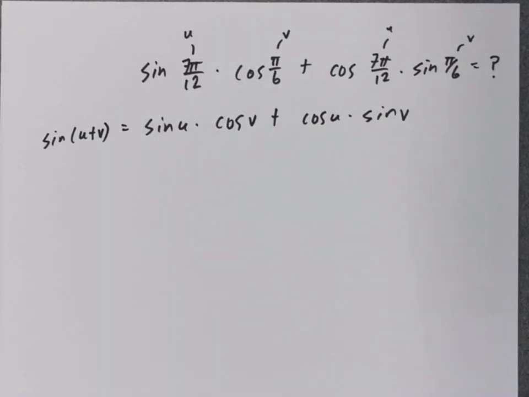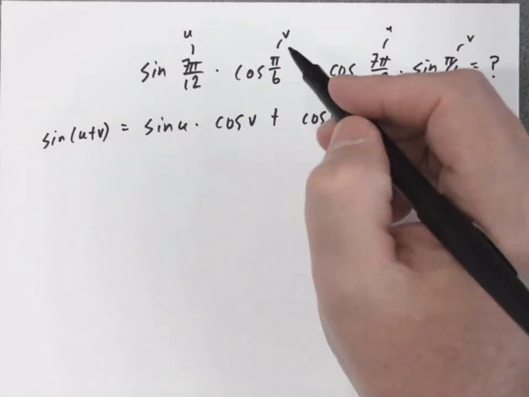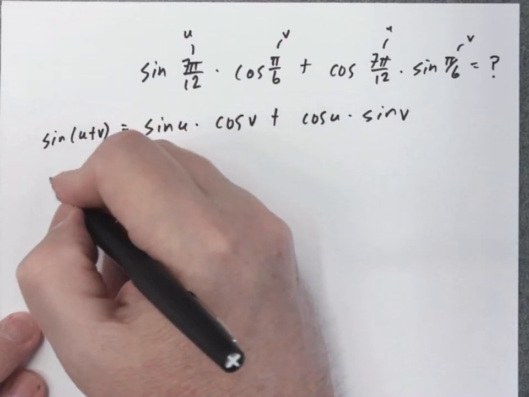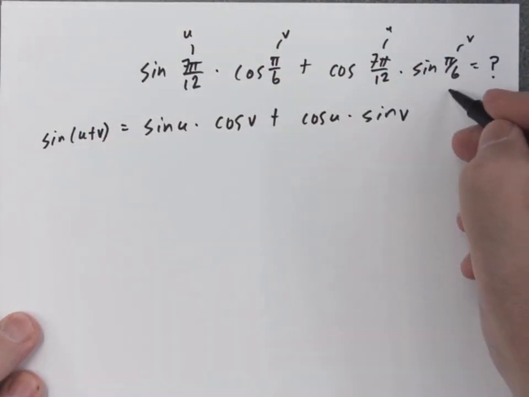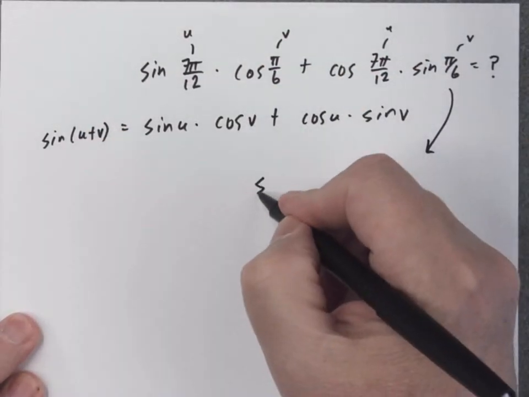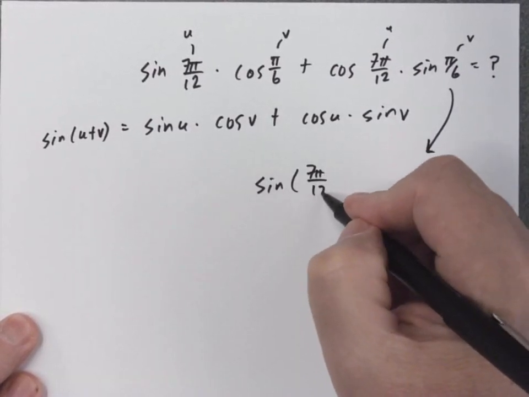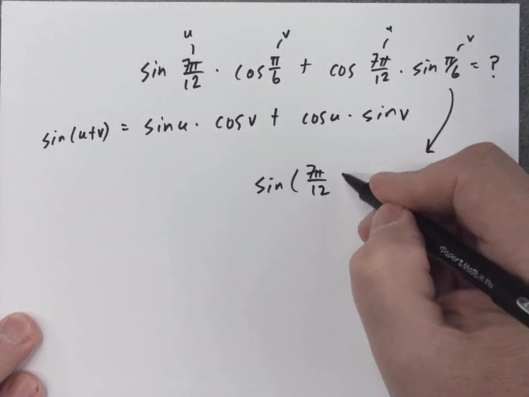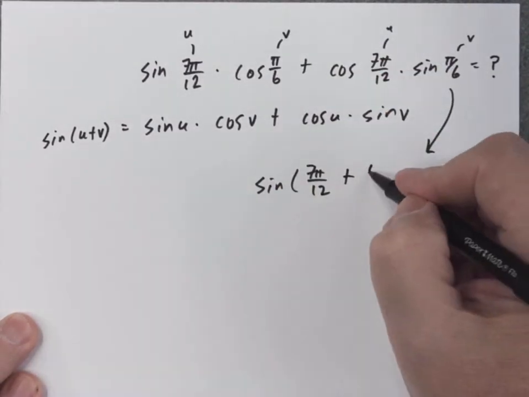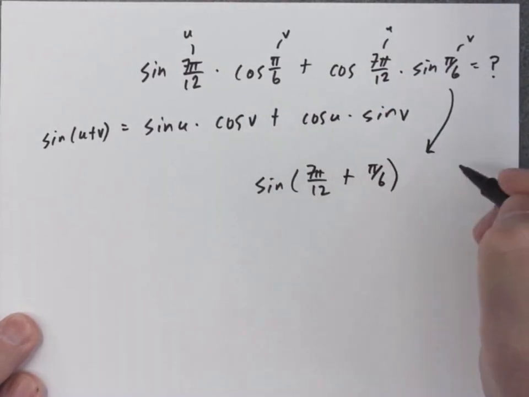Now for my initial problem, u is 7 pi over 12, v is pi over 6, so therefore this whole thing I could say is equal to the sine of 7 pi over 12 plus pi over 6.